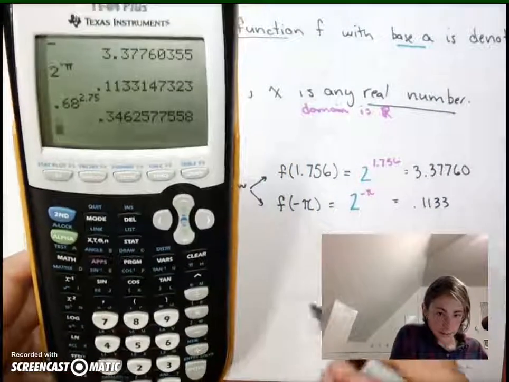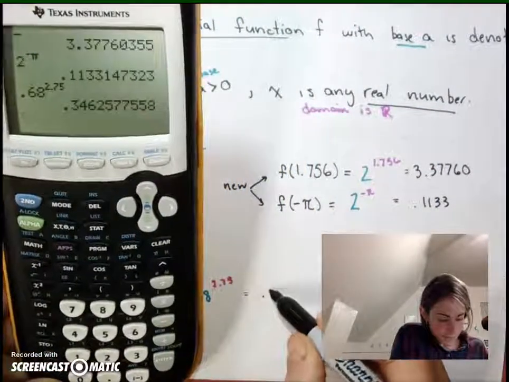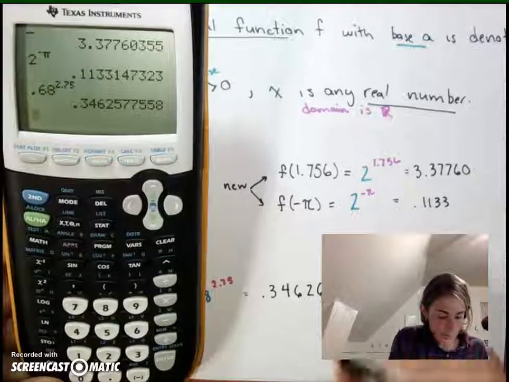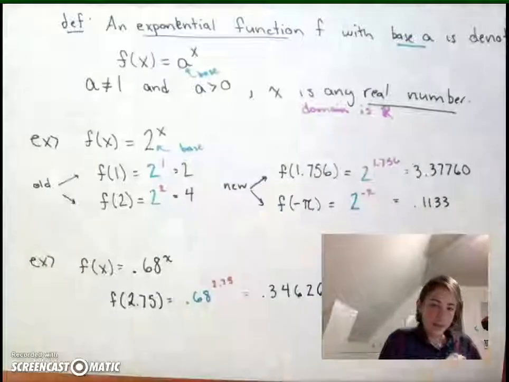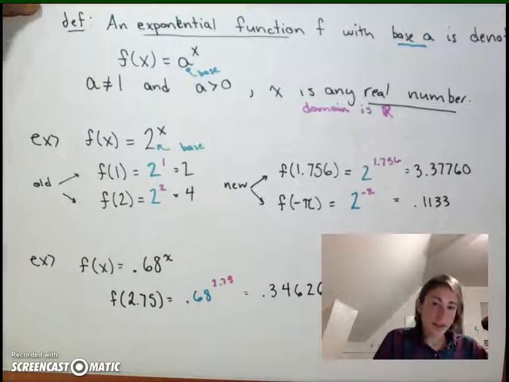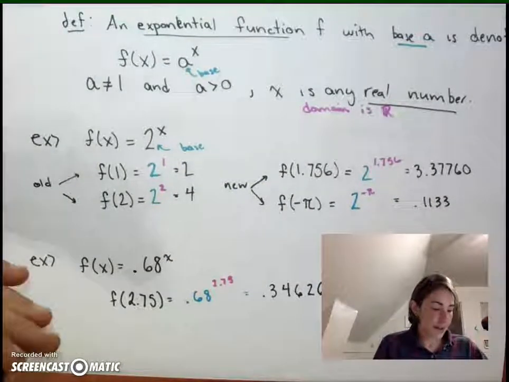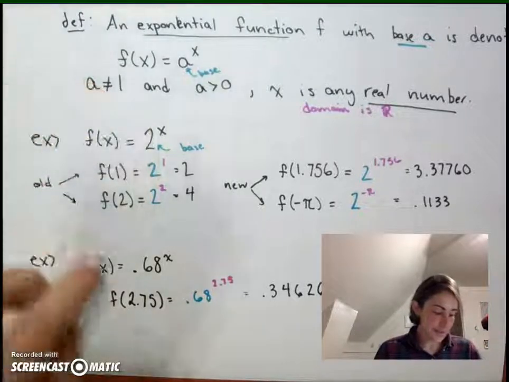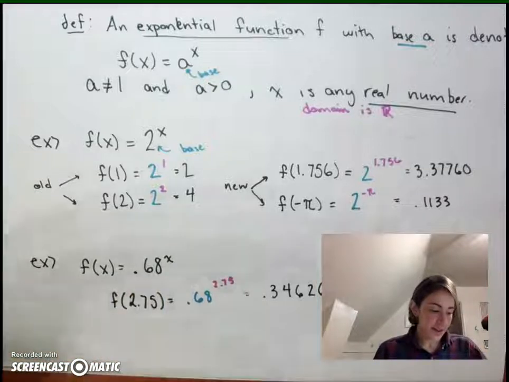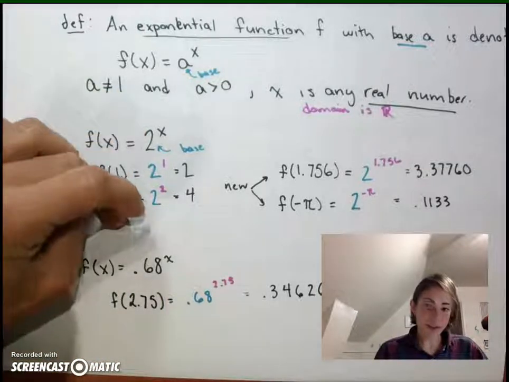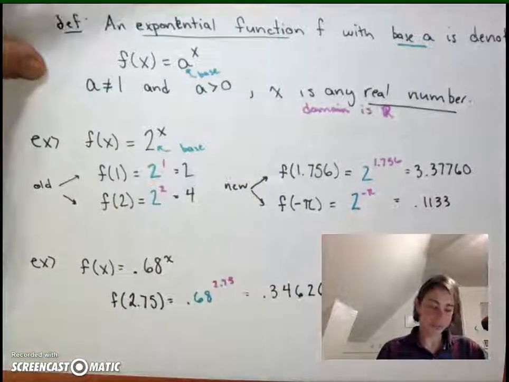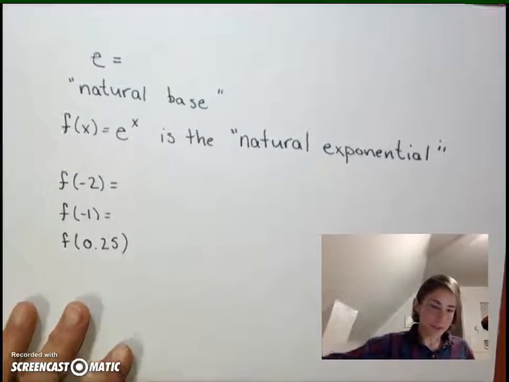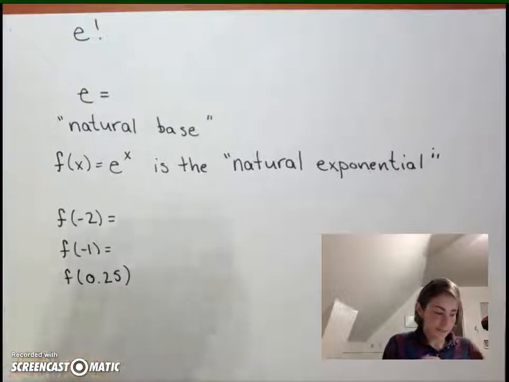And we get this lovely number, 0.3462, let's round that up to 6. So these are just some examples of evaluating exponential functions with both integer bases, fractional bases, and evaluating at integer values and non-integer values.